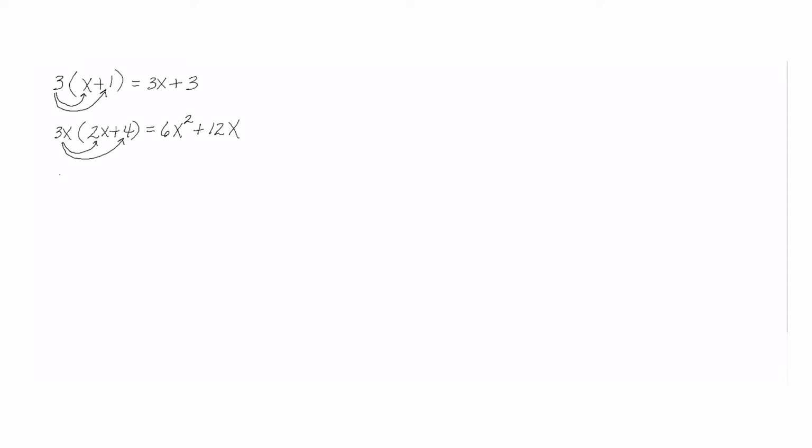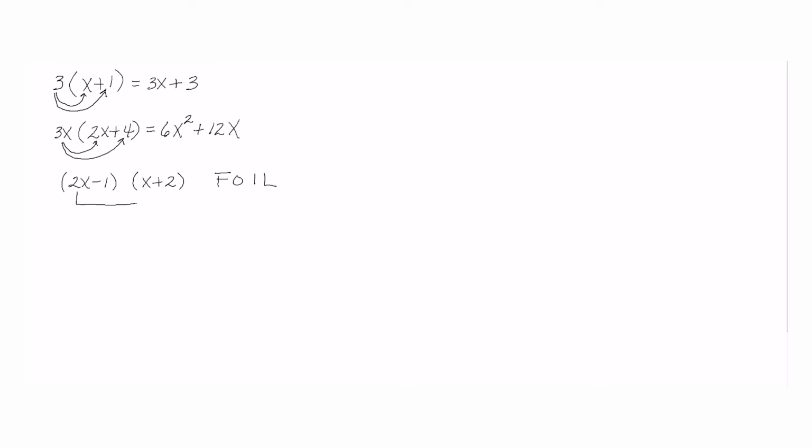Okay, so let's multiply 2 binomials together. Okay, so we're going to do FOIL. So FOIL is an acronym that stands for first, outer, inner, and last.